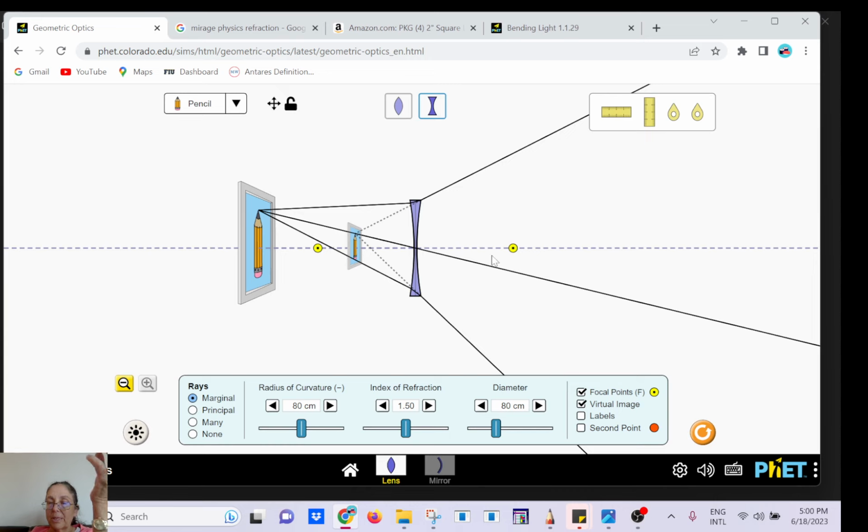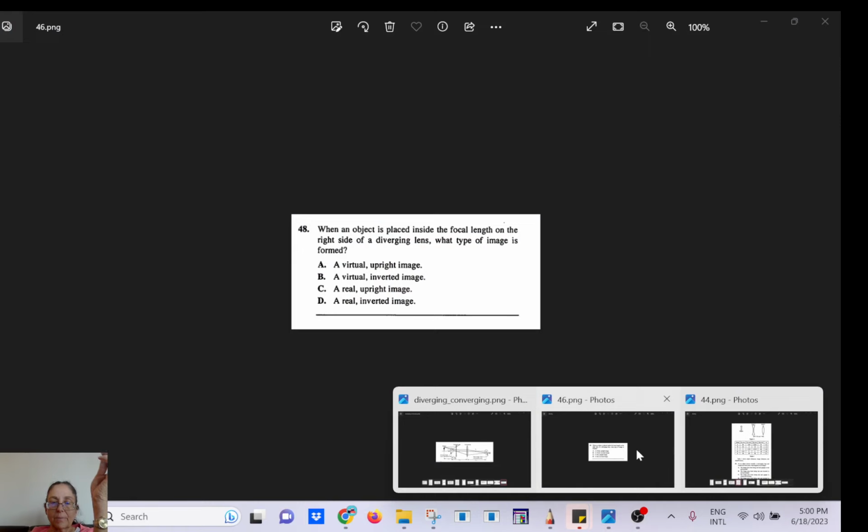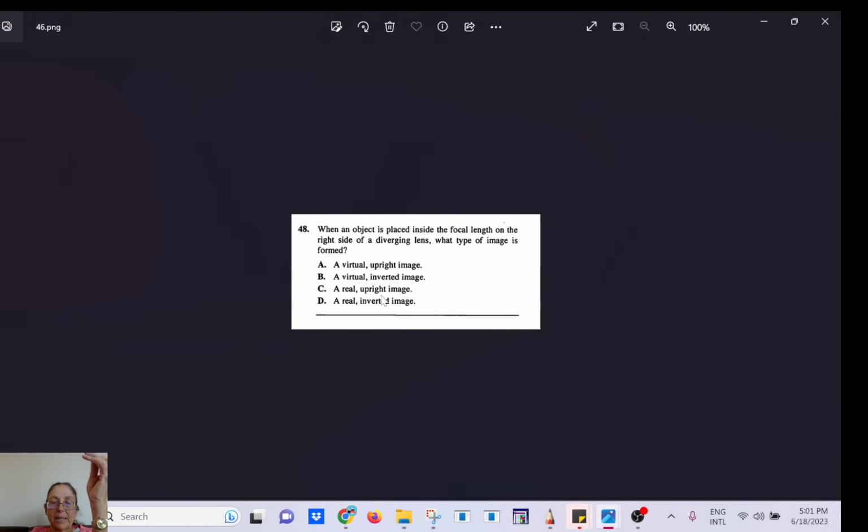It doesn't matter if you place the object here or there. Nature cannot tell apart that side or this side. From the point of view of the lens, it doesn't matter. So I think it's an easy question. You still get a virtual, upright image.